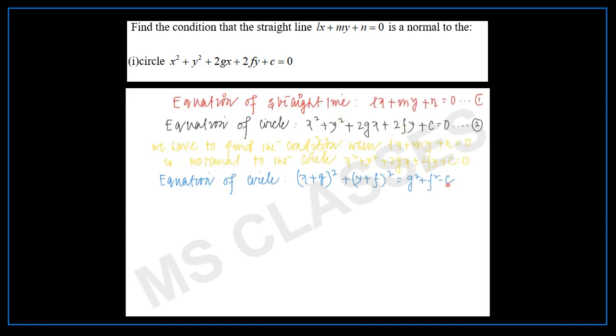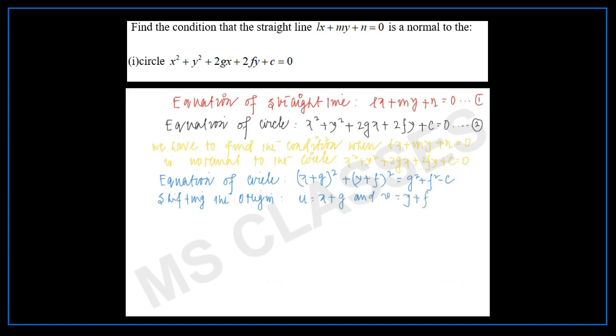Now we are shifting the origin to the center of the circle, and then we take the new variables u = x + g and v = y + f.